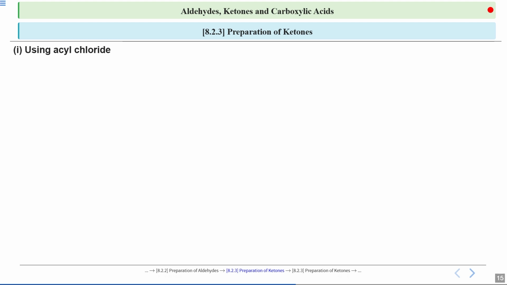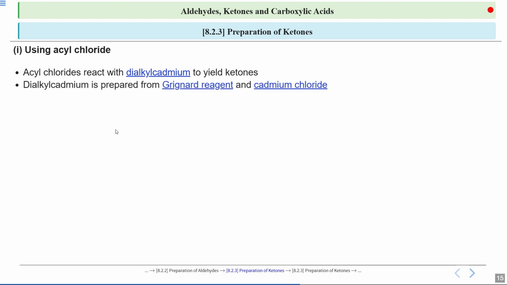This reaction involves dialkyl cadmium, a compound which we can make from Grignard reagent and cadmium chloride. You can see over here that acyl chlorides react with dialkyl cadmium to yield ketones. Now dialkyl cadmium is prepared from Grignard reagent and cadmium chloride.